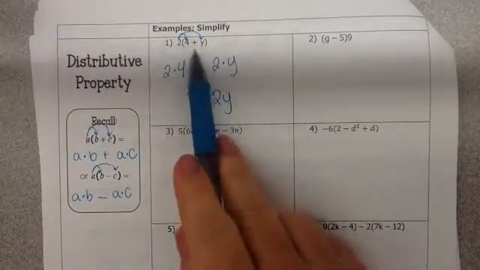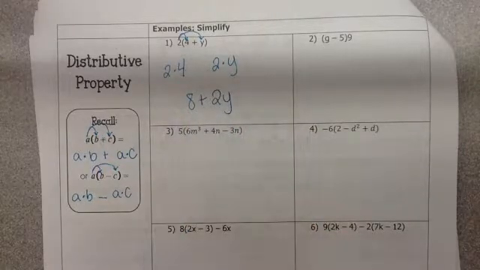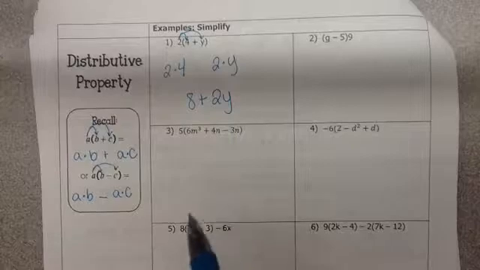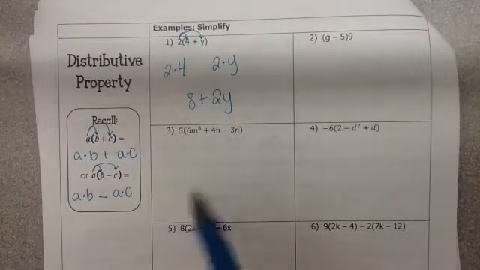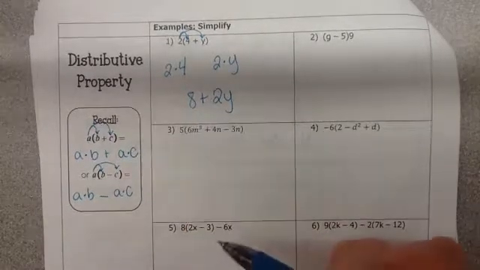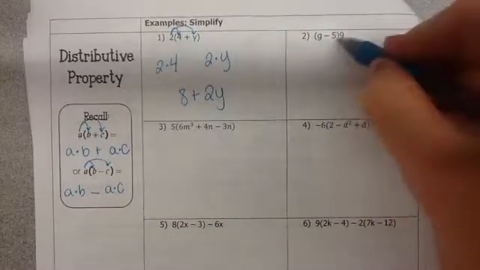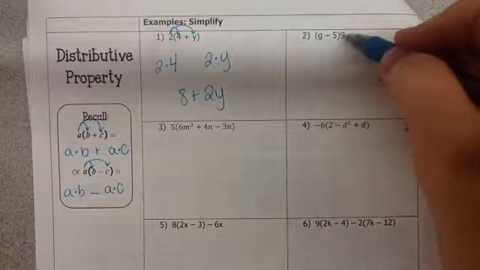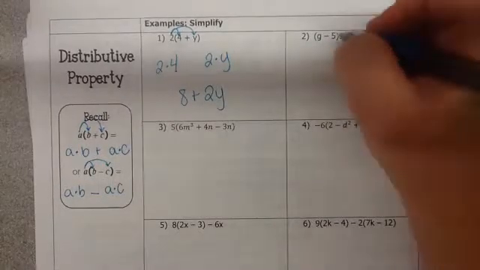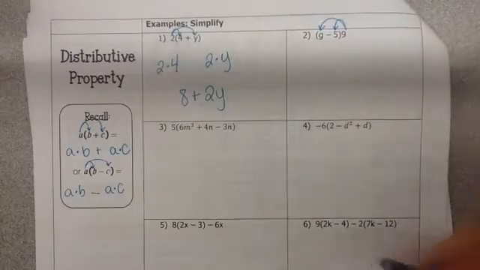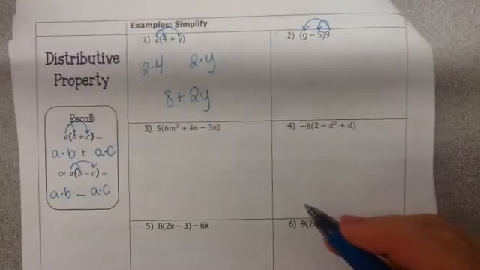I knew it was positive because it was a positive here. Can these two pieces go together? No, why not? One has a y, one does not. What's different about number 2? The 9 is behind. We're going to distribute the same way, only backwards. So go ahead and do number 2 on your own.